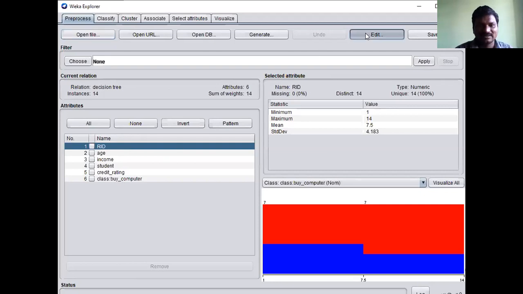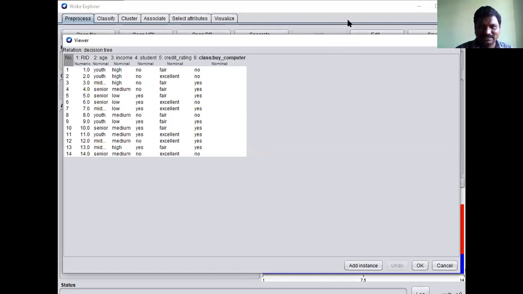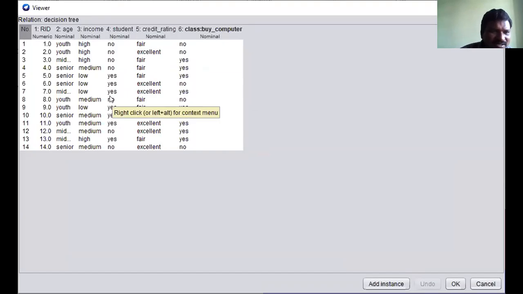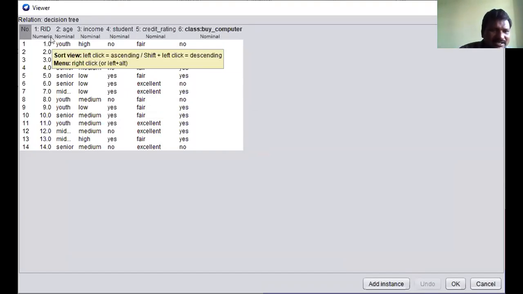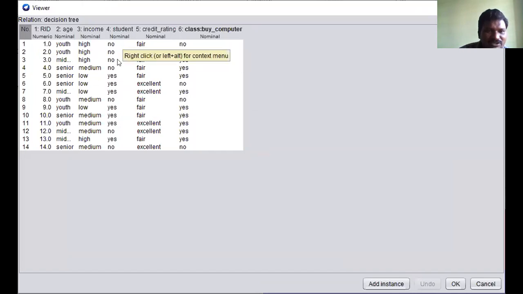If you edit here, what does the data set consist of? The values are like this. RID is numeric data, and age, income, student, and credit rating are nominal attributes.